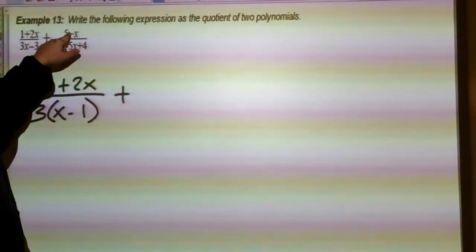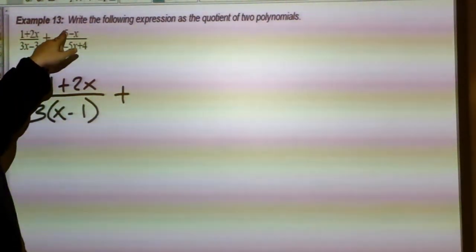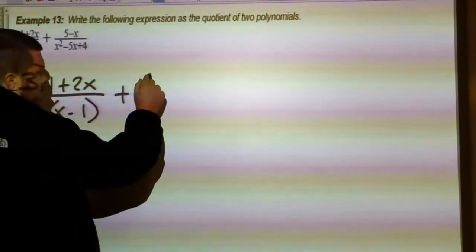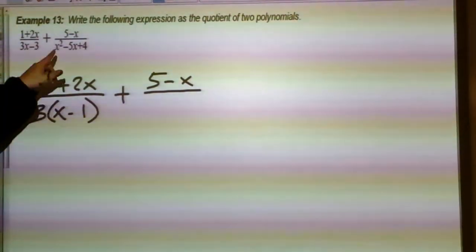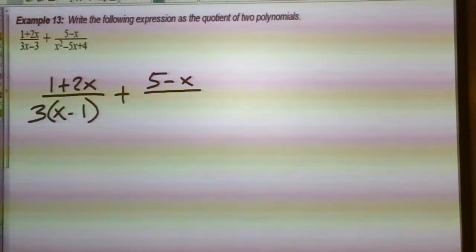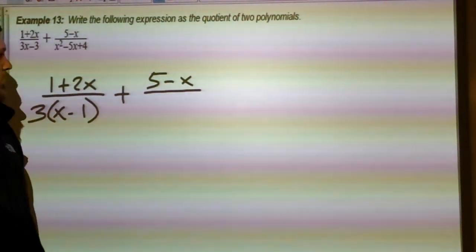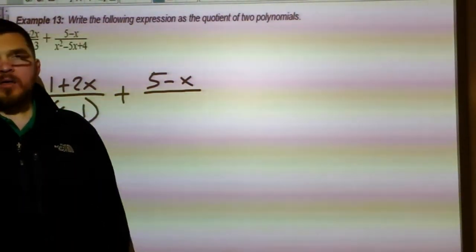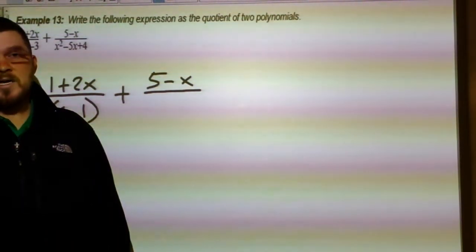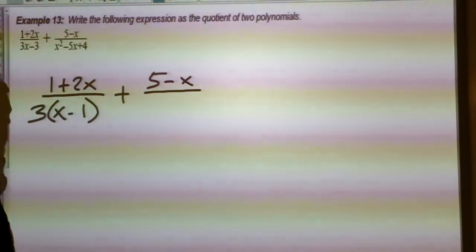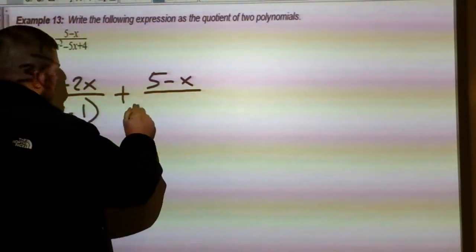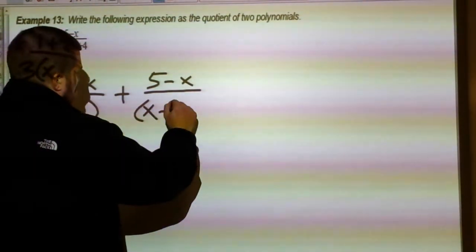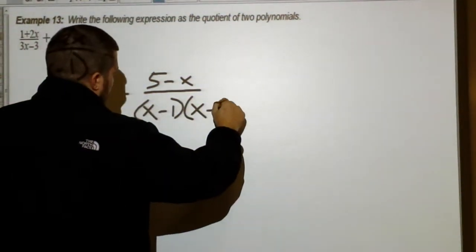In the numerator of my second fraction, I have 5 minus x. I can't do anything there, so it stays 5 minus x. In the denominator of my second fraction, I have x squared minus 5x plus 4. That's a trinomial, which we typically factor using the bottoms-up method. If we use the bottoms-up method here, we see that this factors into x minus 1 and x minus 4.